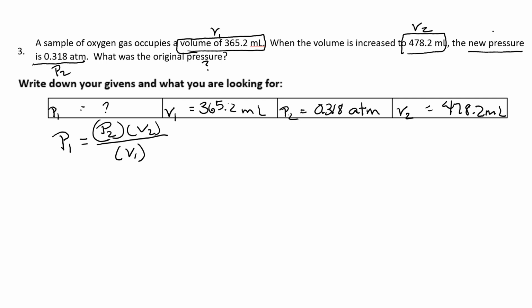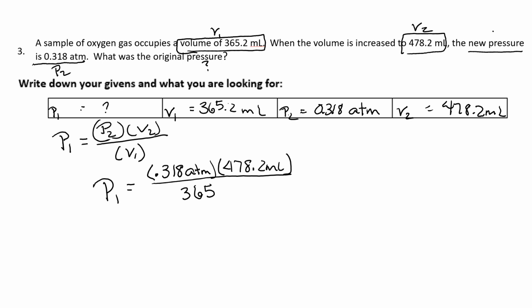Plug in our numbers and we get P1 is equal to P2, which is 0.318 atm, times 478.2 milliliters, our V2, divided by our V1, which is 365.2 milliliters.